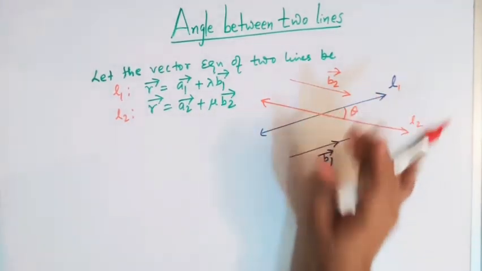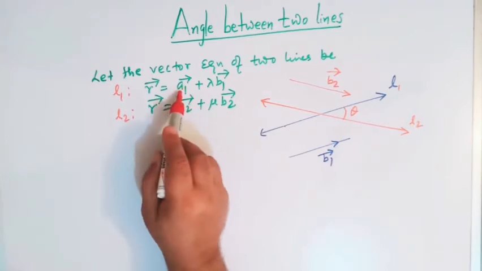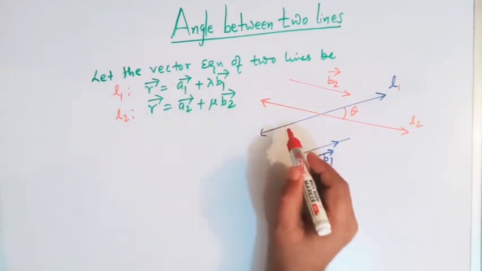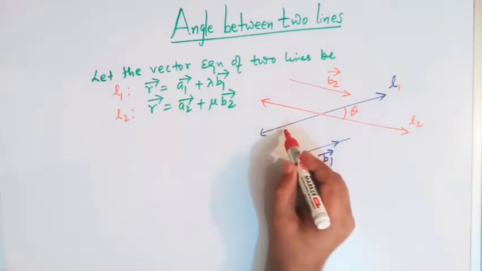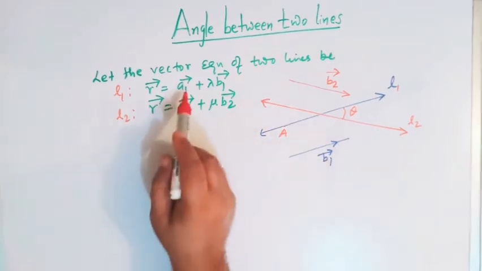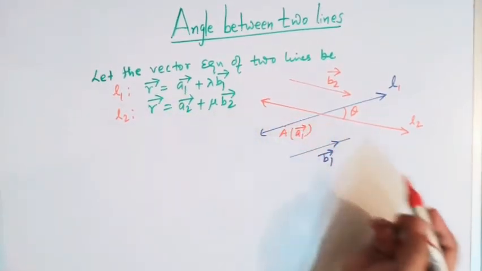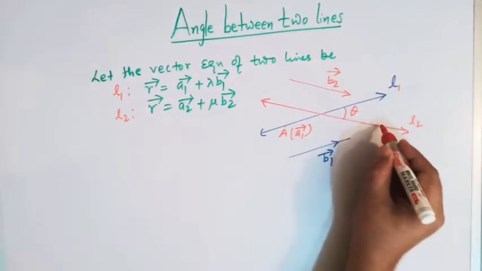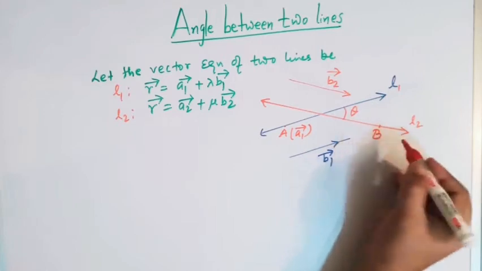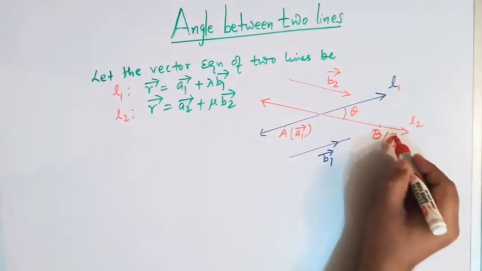And this line L1 passes through the point A, whose position vector is a1, right? And this line L2 passes through the point B, whose position vector is a2, right?